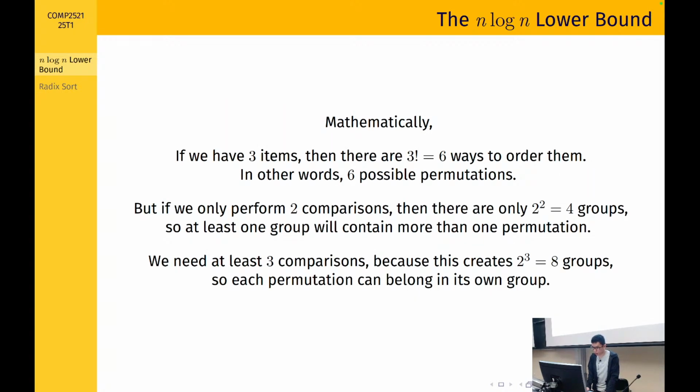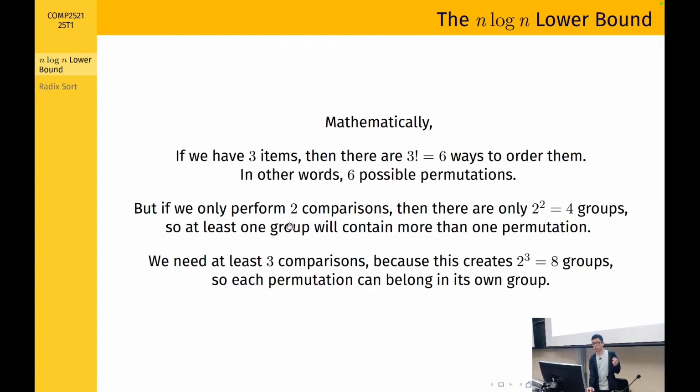Okay, and here is the more mathematical explanation. If we have 3 items, or if we have n items, then there are n factorial ways to order them. So n factorial possible permutations.